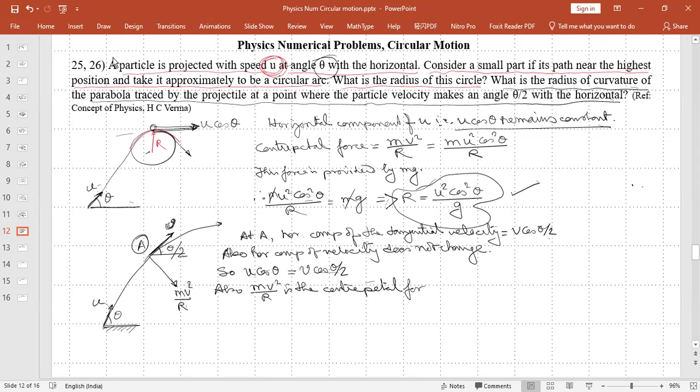Who will provide this centripetal force? The answer is the component of mg in that direction.